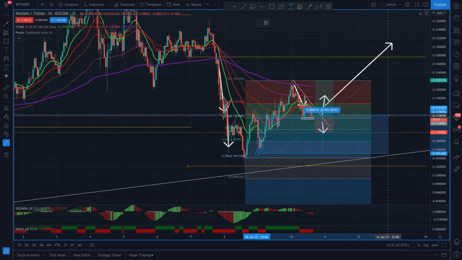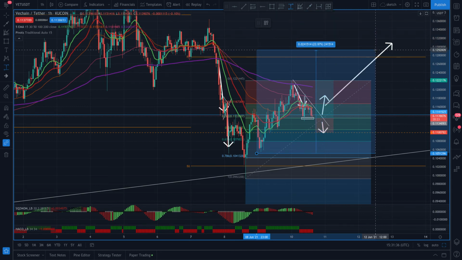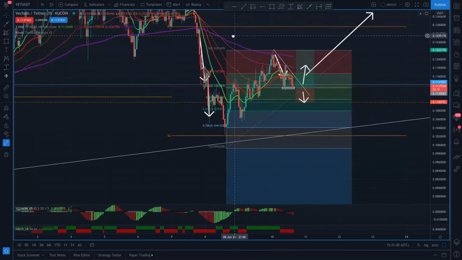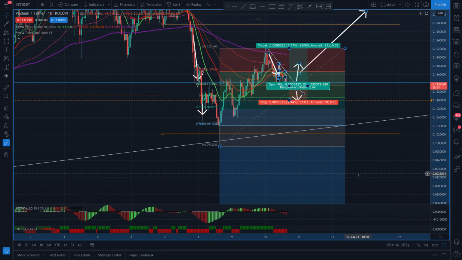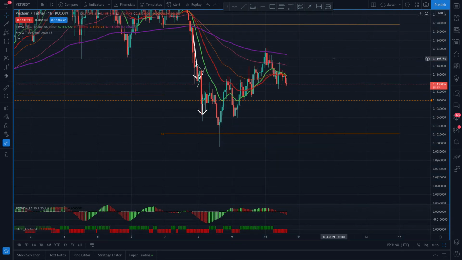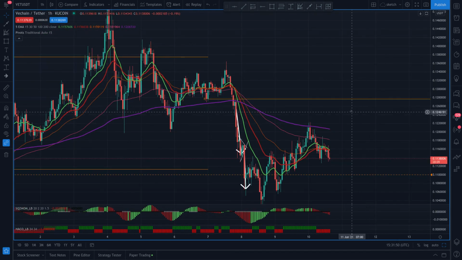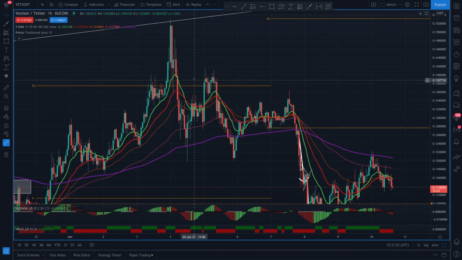Although right now we're looking at 8% or so, at its peak I was looking at 16%, and I'm looking for it to go even higher. Why? Because, can I just delete all these? Yes, okay, because I'm pretty bullish about this coin actually.